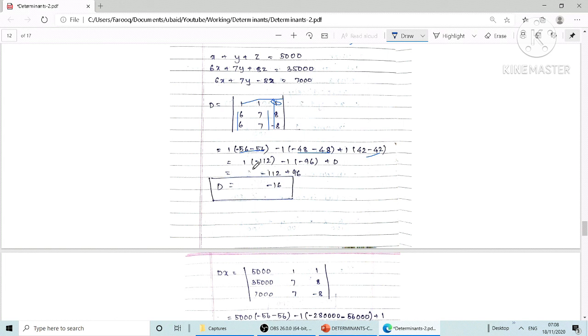Minus 112 into 1 we will get minus 112 only. Here also minus 1 into minus 96, when we multiply, becomes plus 96. When we subtract these numbers, the sign of the greater number will come, and we have got minus 16. So the value of D is minus 16.